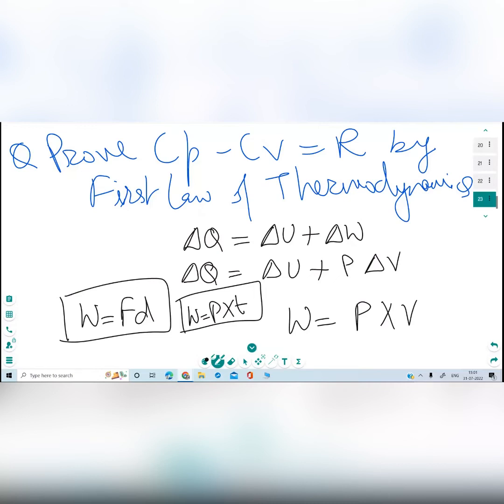So work done is power into time taken. And then what is the third formula? P into V. Check. Confirm.